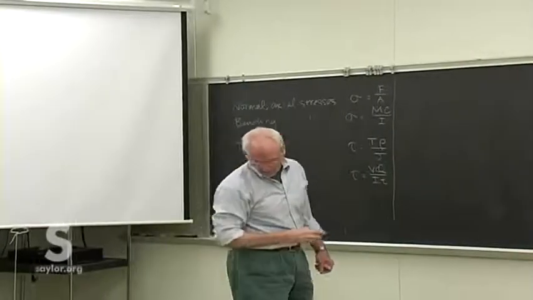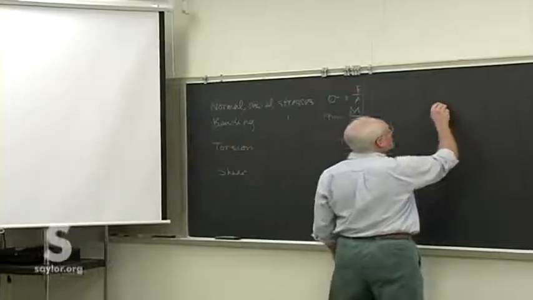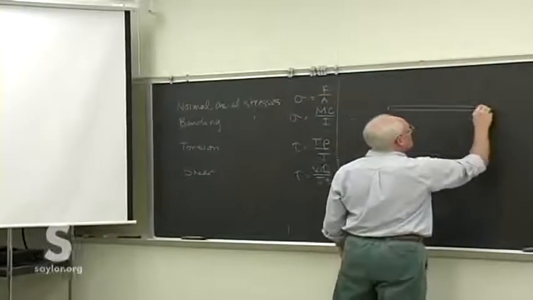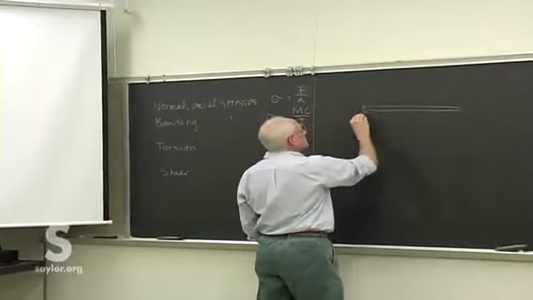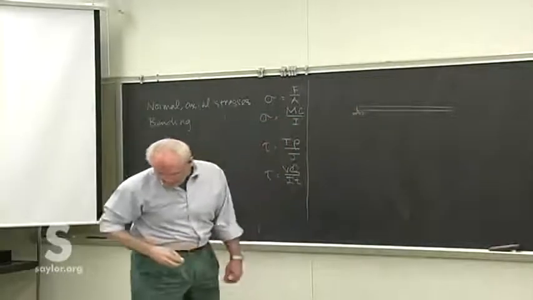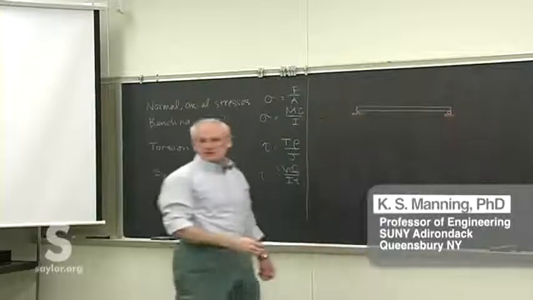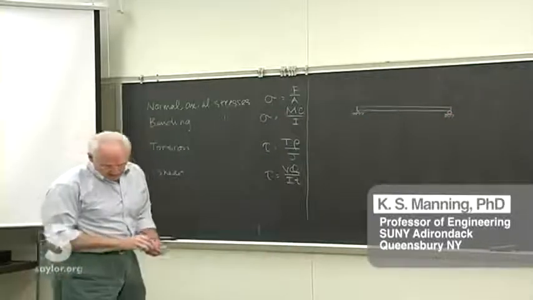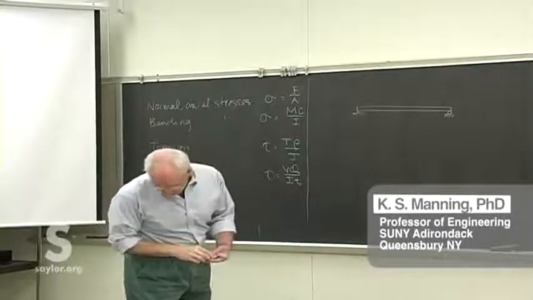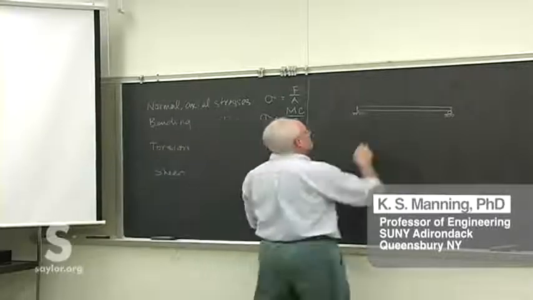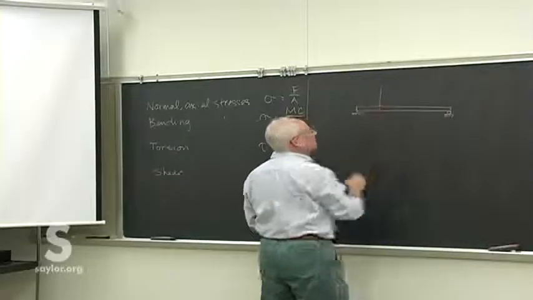For example, we could have a beam that was loaded in this fashion. Simply supported, in fact, as simply as it could possibly be, just 2 main supports, and then some kind of load in here. What we typically look at is some kind of load like this.